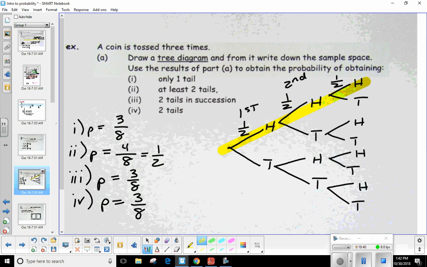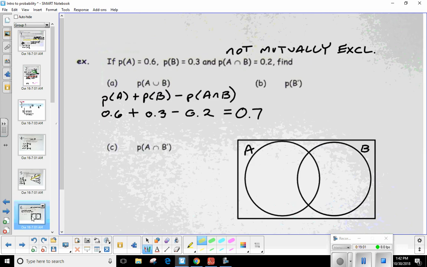And if I take the sum of the ends of those different branches, those represent the unions. So we are getting there, we're just not there yet. But you see how that probability is exactly what the Venn diagram is visualizing. There's only the one way out of the 8 to get the 3 heads. All right, so yes, that is coming.